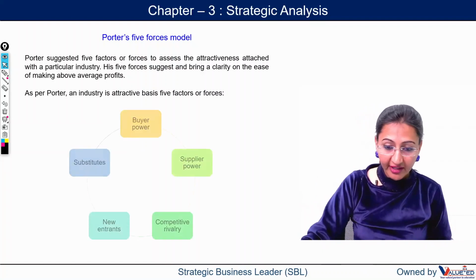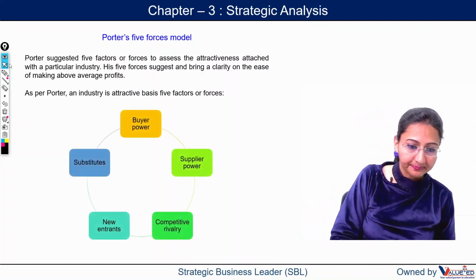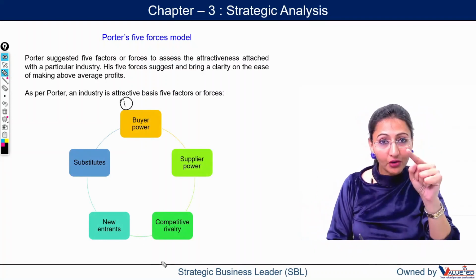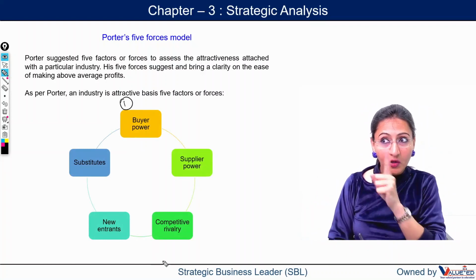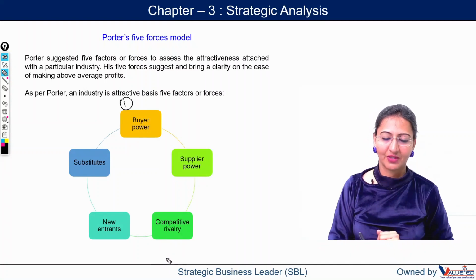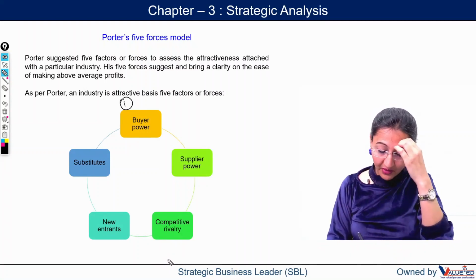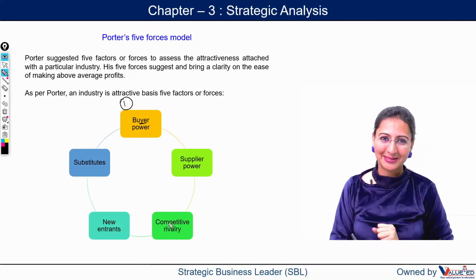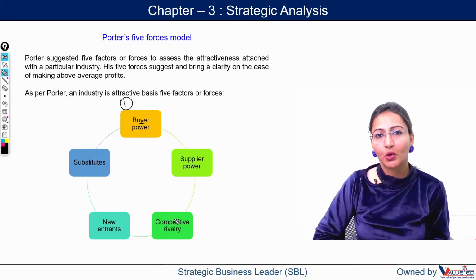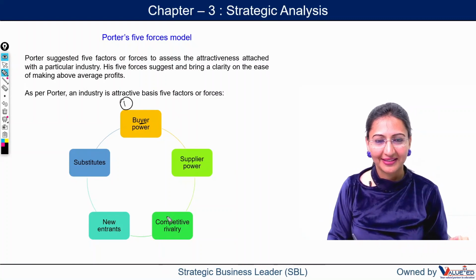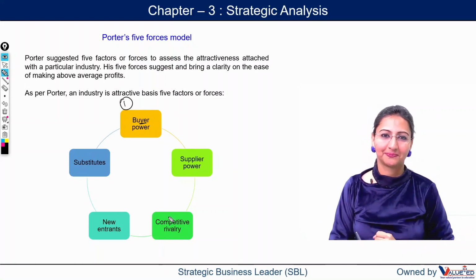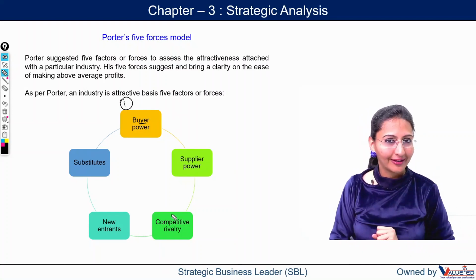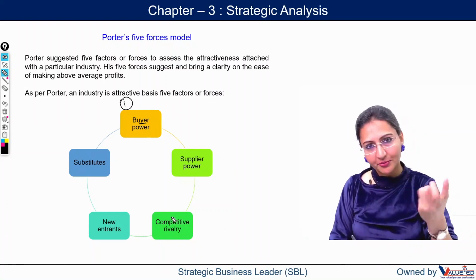The 5 factors which he suggested are: one, the buyer power, the power of the buyers which you are going to serve. If I simply put this point, can these buyers decide the selling price, or are you going to hold a monopoly? That's the power of the buyer. How powerful is the buyer? The buyer becomes more powerful when your product has got substitutes.